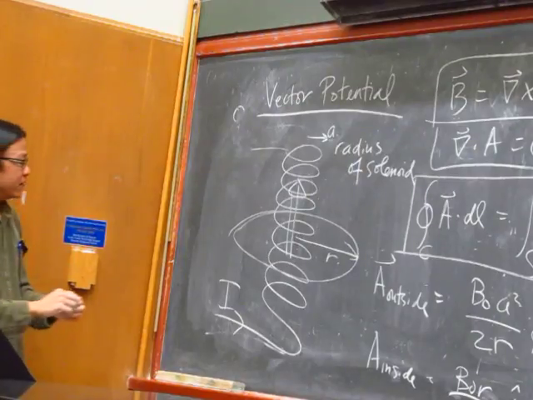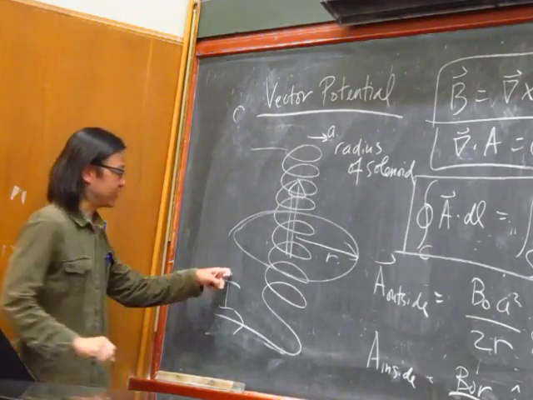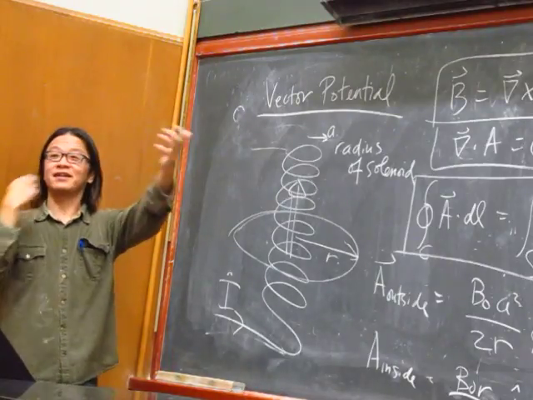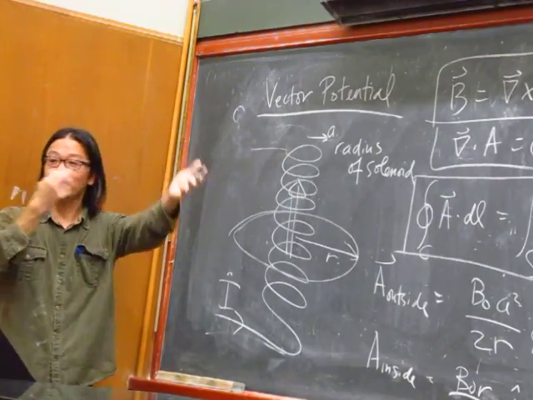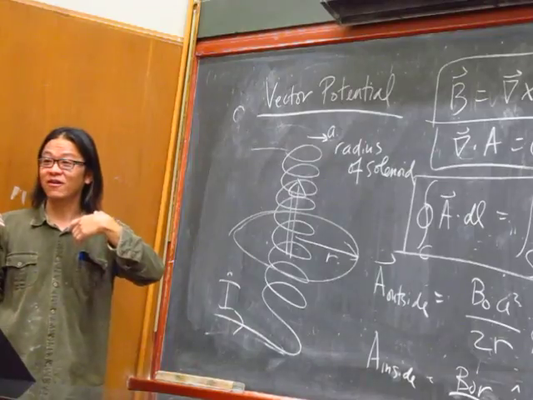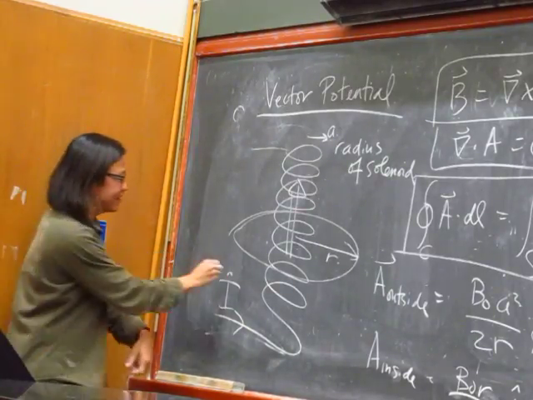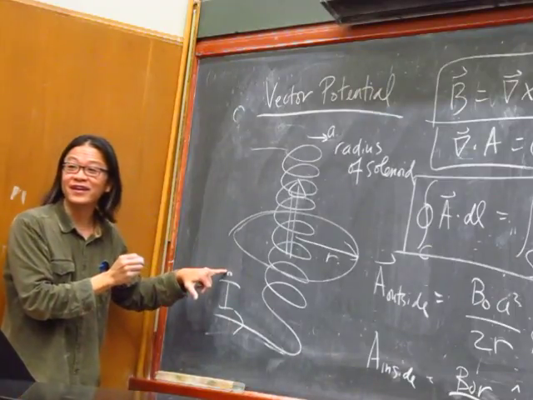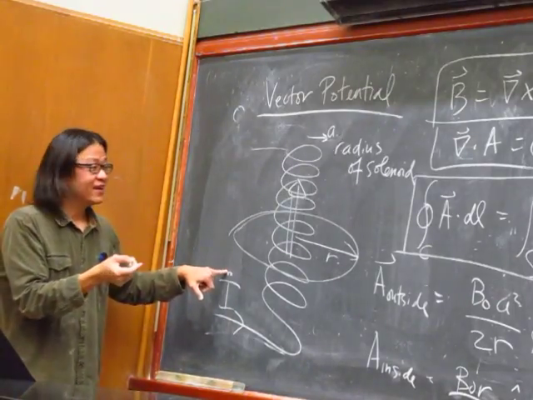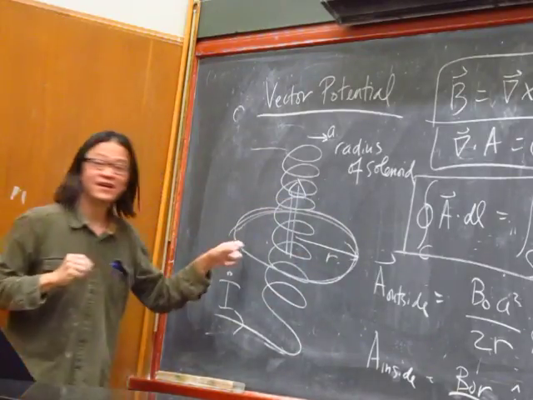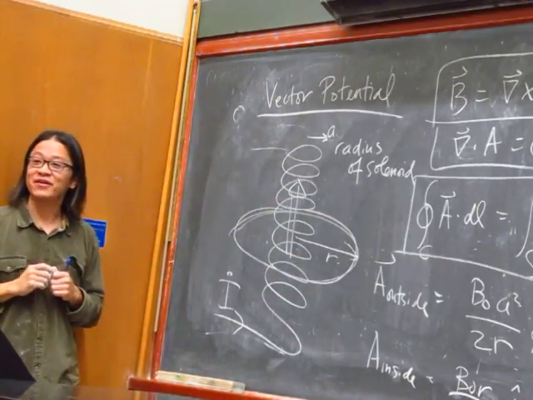But on the other side of the coin, though, you have a changing flux. If all there is to it is just this relativistic transformation between Lorentz force and Faraday's law, quote unquote, then if I have a changing current here, you will not predict an EMF there, right?